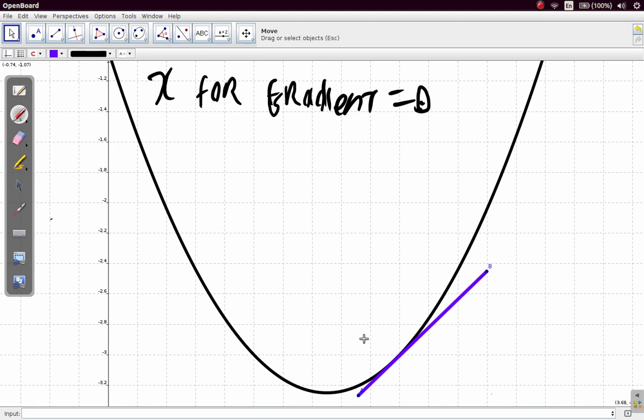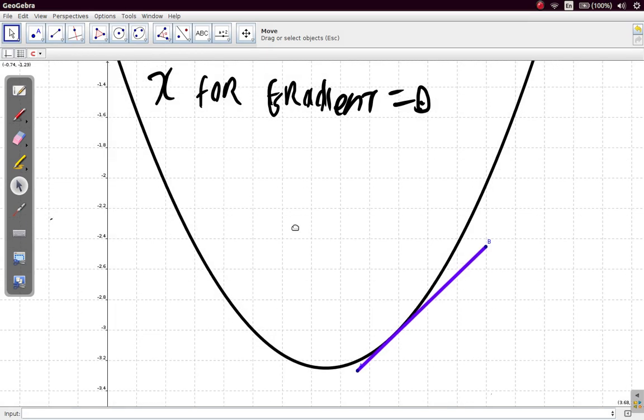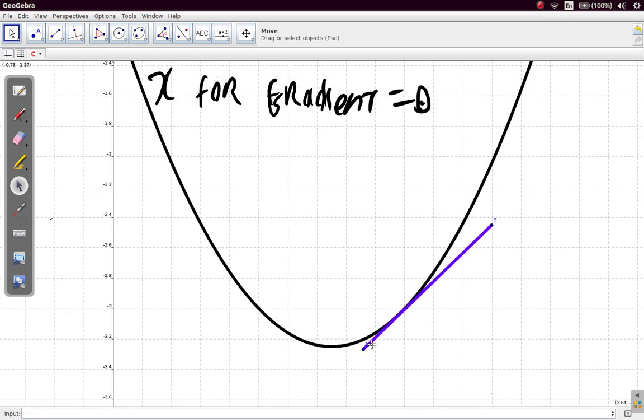If we consider this as a minimum point on the curve, and we try to measure or estimate the gradient of the curve at that point, this is what we'd have to do. Something like this. And you go up to just touch the curve, not to cut across it.